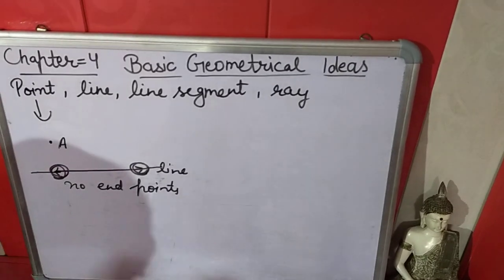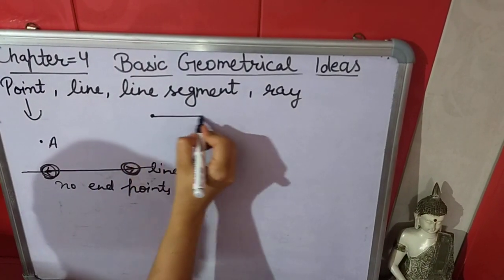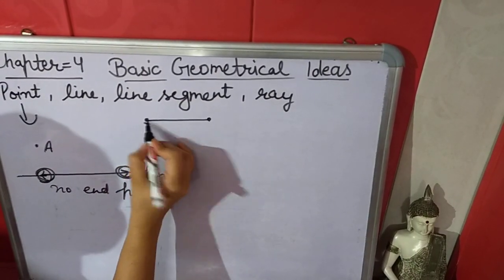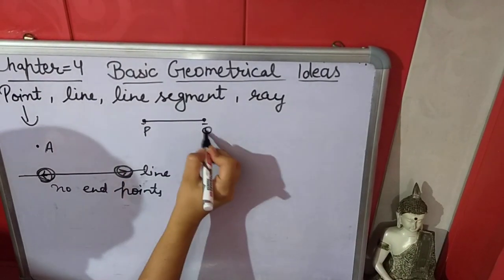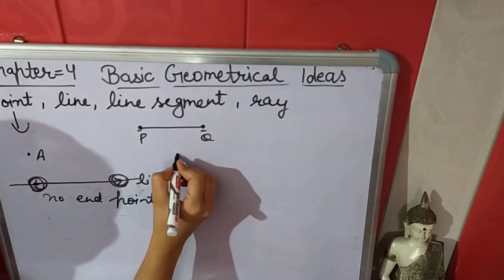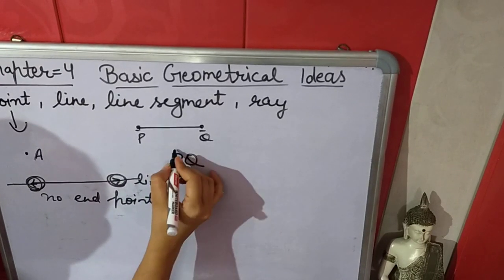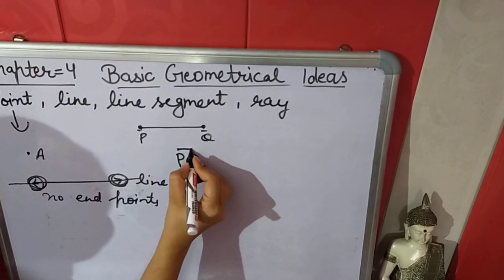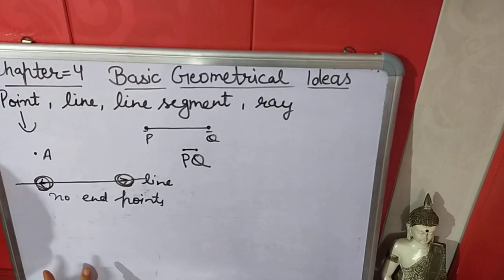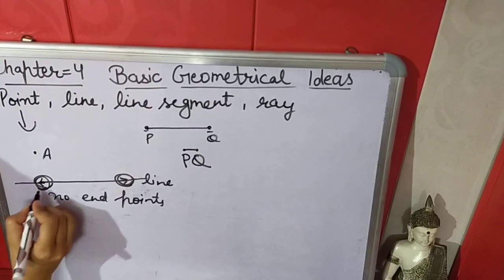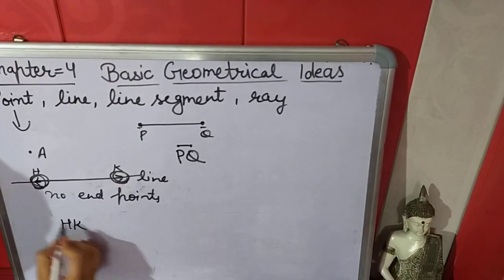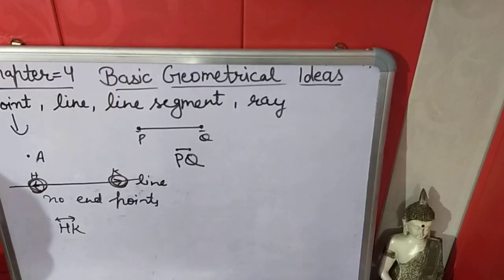Next is line segment. This is a line segment. A line segment has two endpoints, this and this. We can give name also, PQ. If you have to write it in symbolic form, you write PQ and draw a sign of line segment above it. Same in a line: give name HK, write HK and draw the symbol of line.